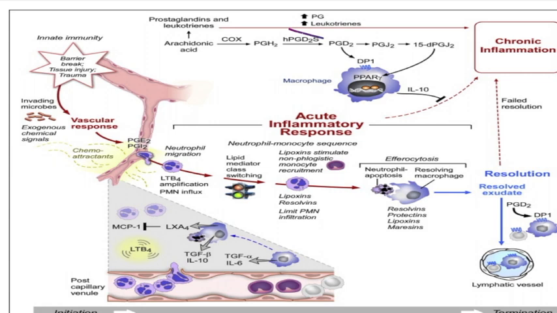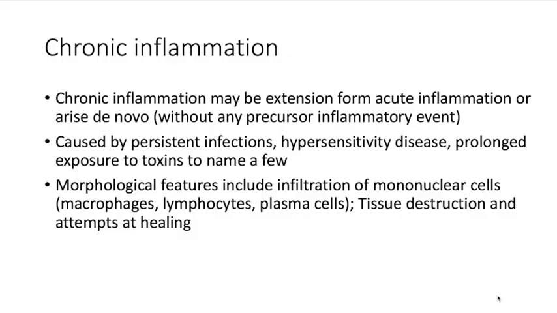So we went through all of these steps and we will have resolution. We either go to chronic inflammation or we go to wound healing. So chronic inflammation may be an extension form of acute inflammation or may arise without an inflammatory event. So de novo means without any precursor. It can be caused by persistent infections, hypersensitivity disease, prolonged exposure to toxins.